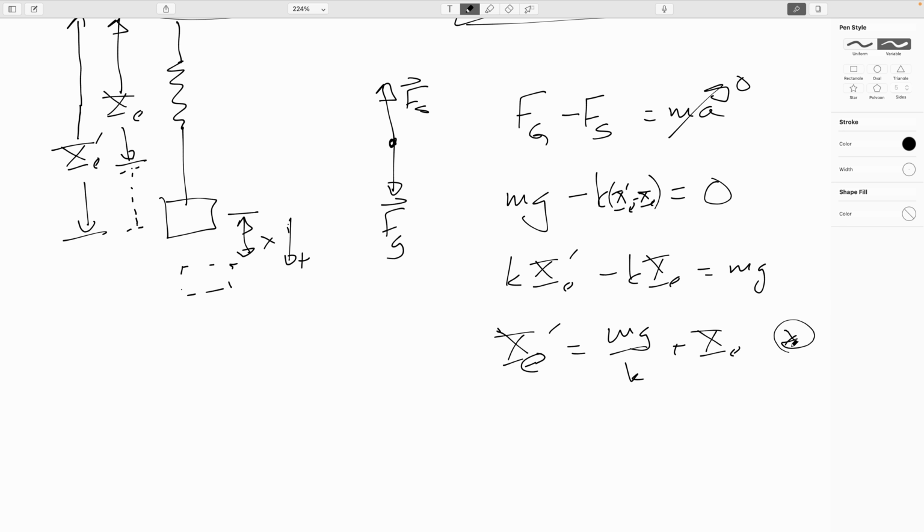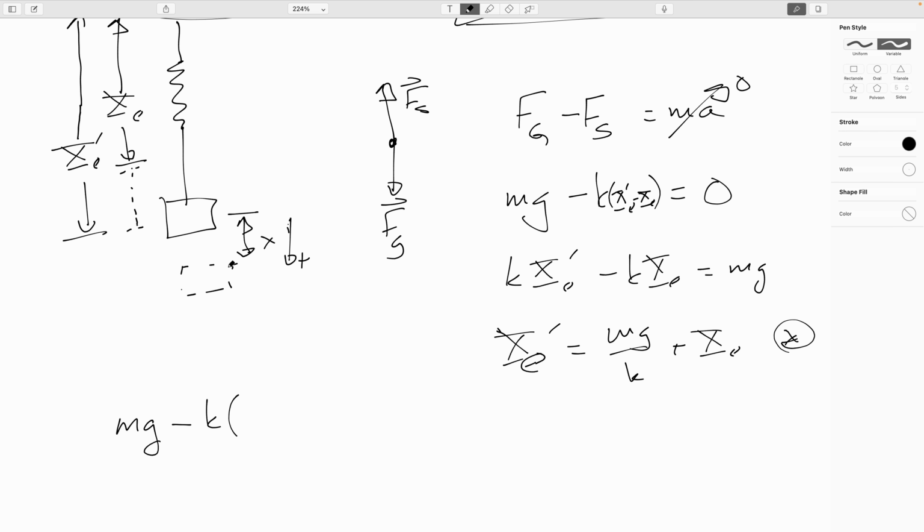Now, in phase 2 of this, we're going to do the same thing, except now we're going to disturb this from its equilibrium position. We'll pull it down a little bit and let it go. So now the acceleration will no longer be 0. So we'll have mg minus k times, well, what is this new stretch?